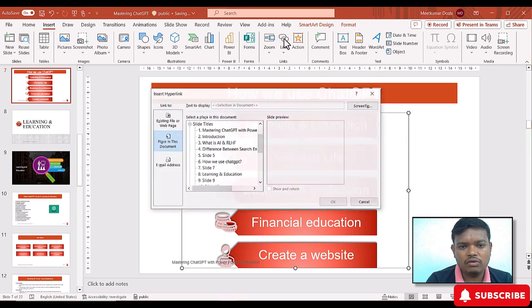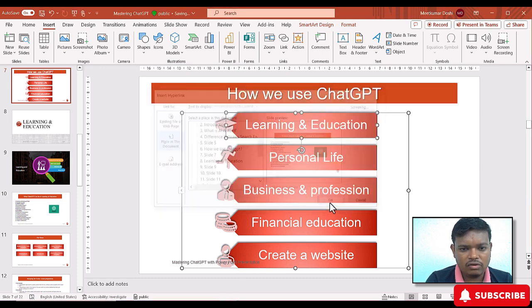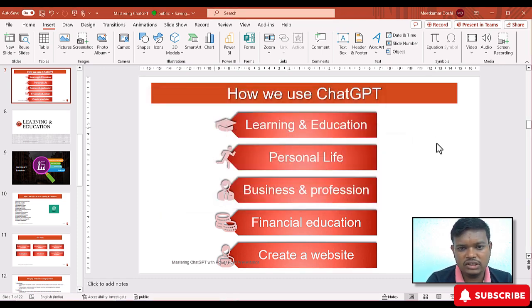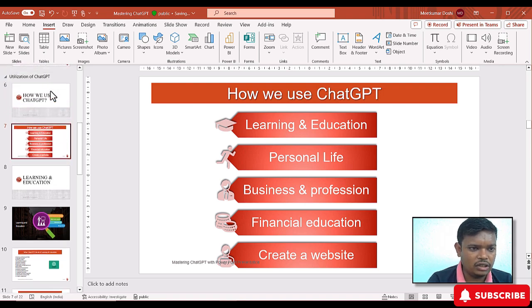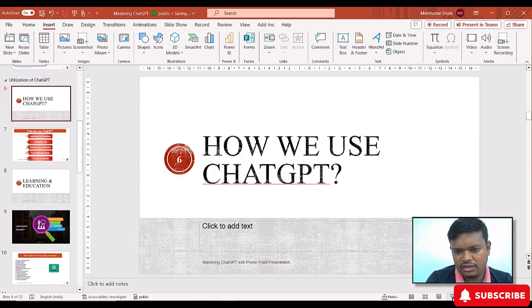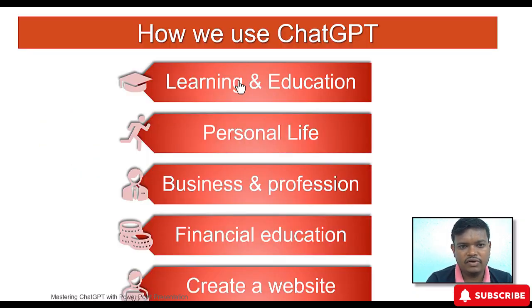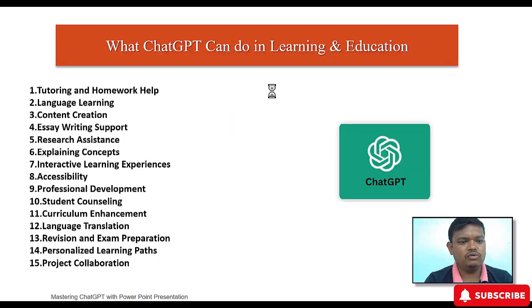And now here we are going to apply, in this document, the slide number 10, and okay. Now you can see that there is no underline, but it will still work. Let us check and take a trial. Okay, so if I click, you can see our mouse has changed. If I go here, our mouse is like a normal arrow. If I go here, the hand symbol appears, so we can directly jump.